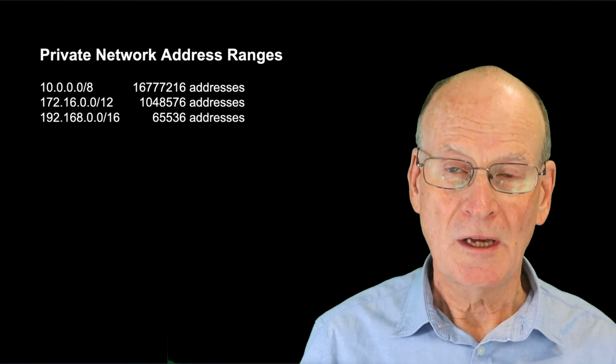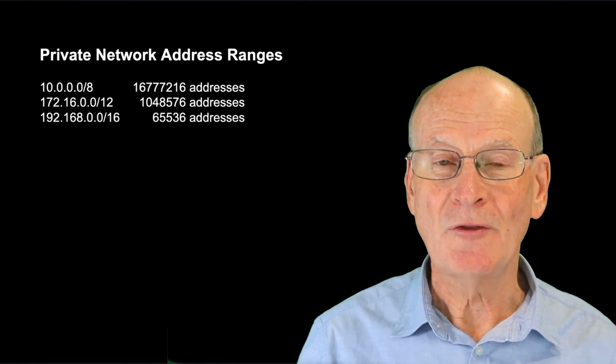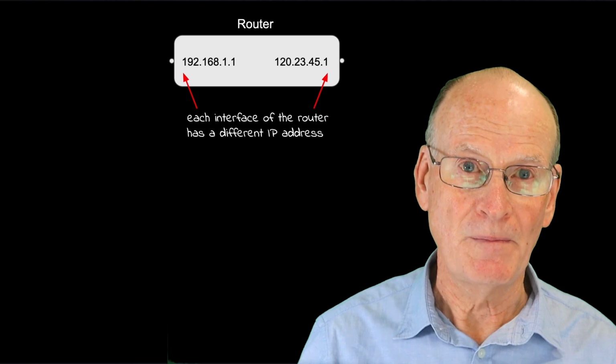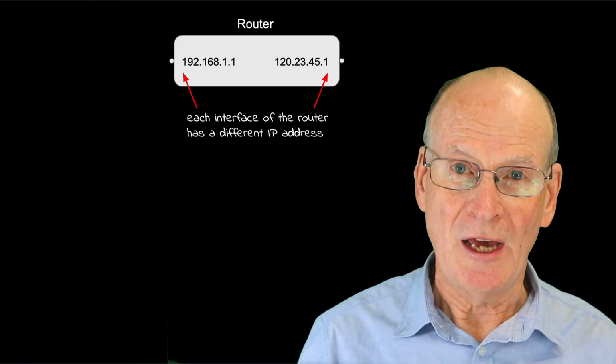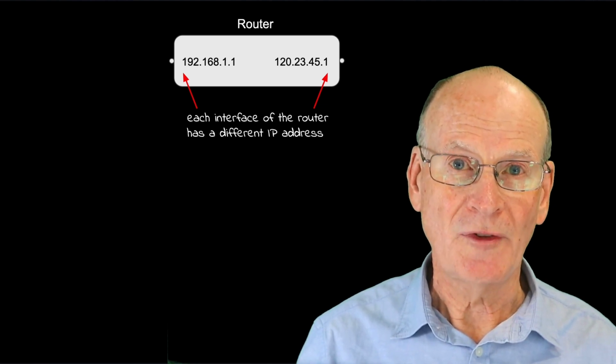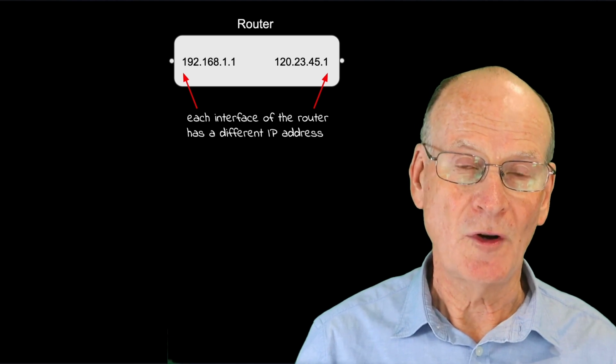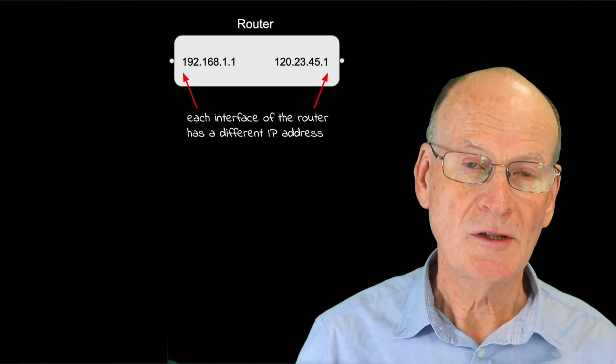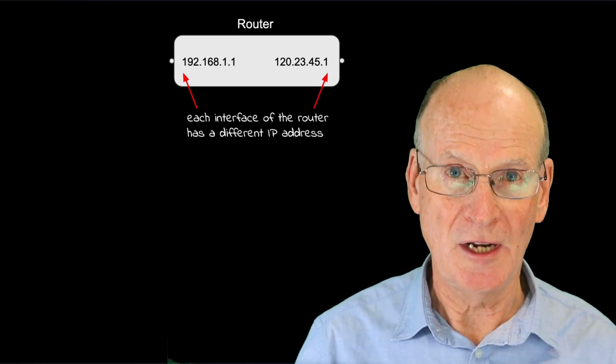You can understand this if you think about the function of a network router. Routers are going to have multiple network interfaces because they connect from the local area network to the external wider internet.